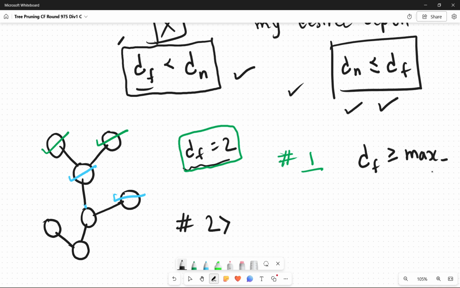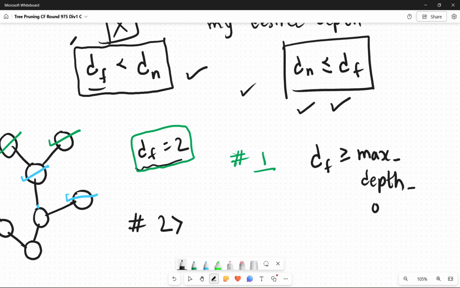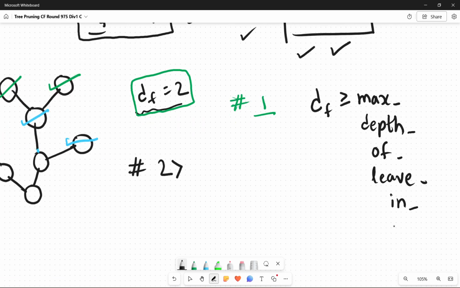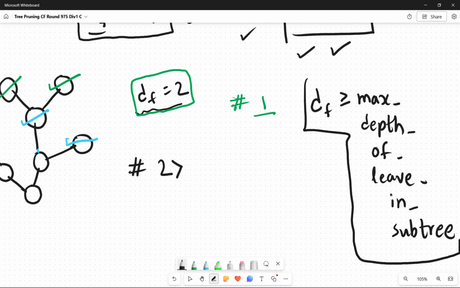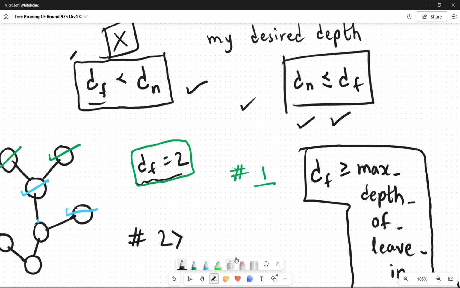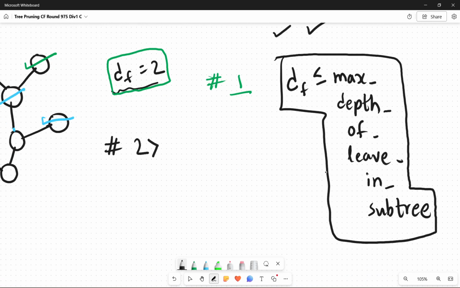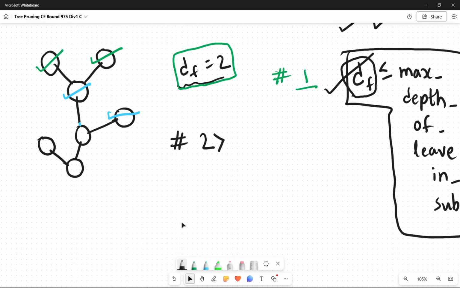So if the max depth of a leaf in the subtree is greater than or equal to final depth, then my node is surviving.